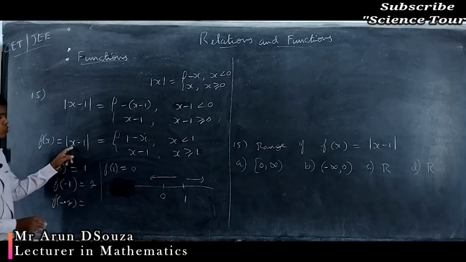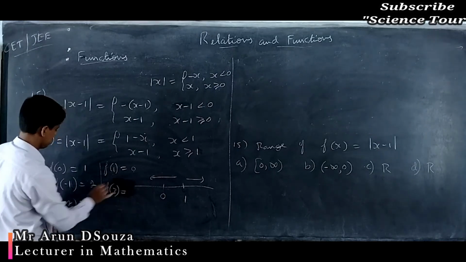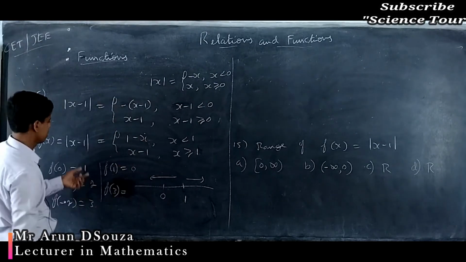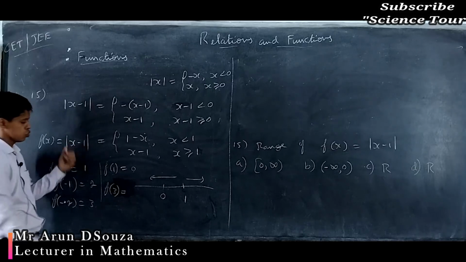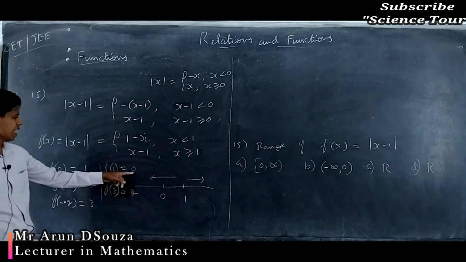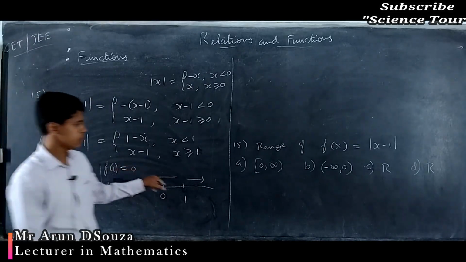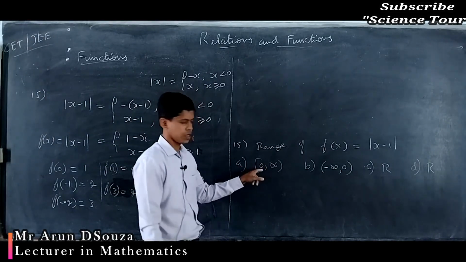If you put minus 2, that will be 3. And if you put 3, for example, the positive quantity, 3 minus 1 is 2, and mod of 2 is 2 itself. Okay. So do you get any value less than 0? You will never get. And you get 0, that means 0 is included, correct?